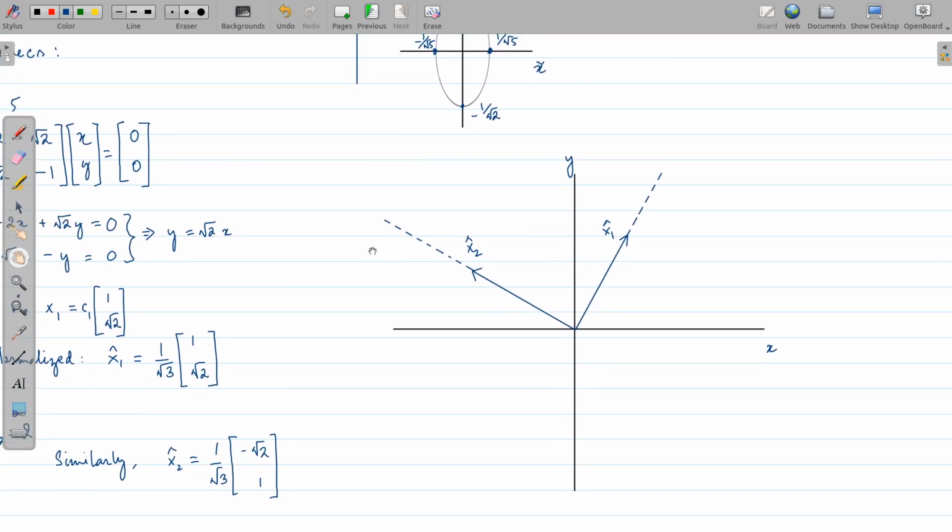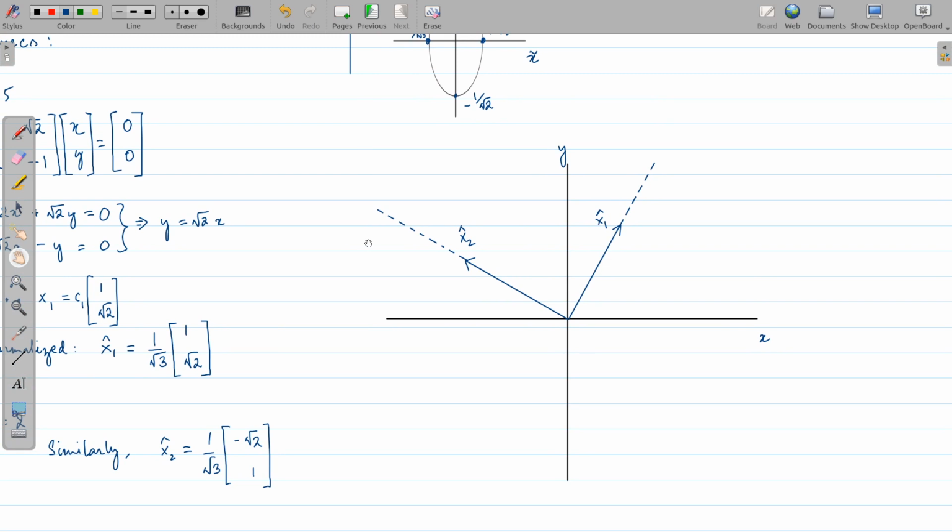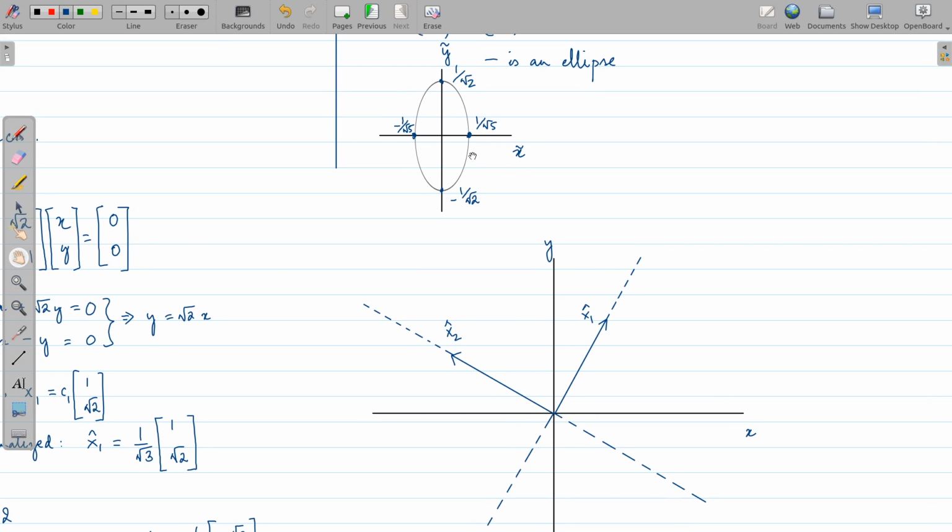Okay, so we got the two axes that we are looking for, here and in this direction too. So it's in the other direction. Now this is your principal axis, because your ellipse is going to be along this direction.